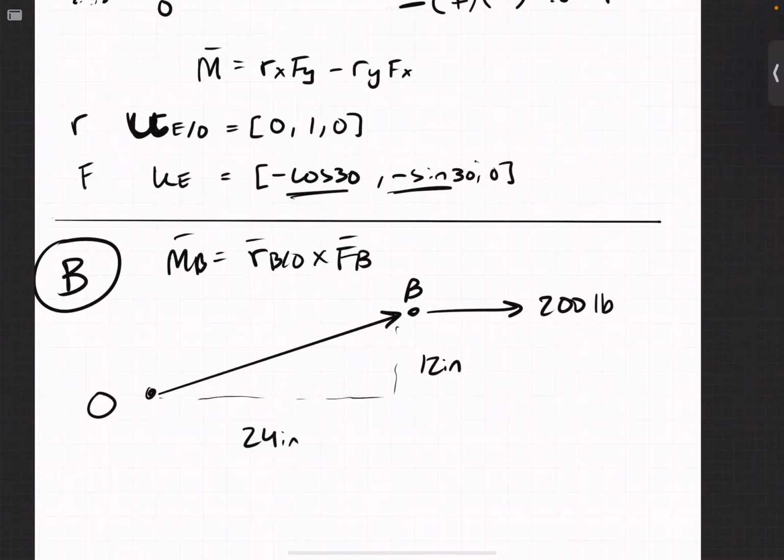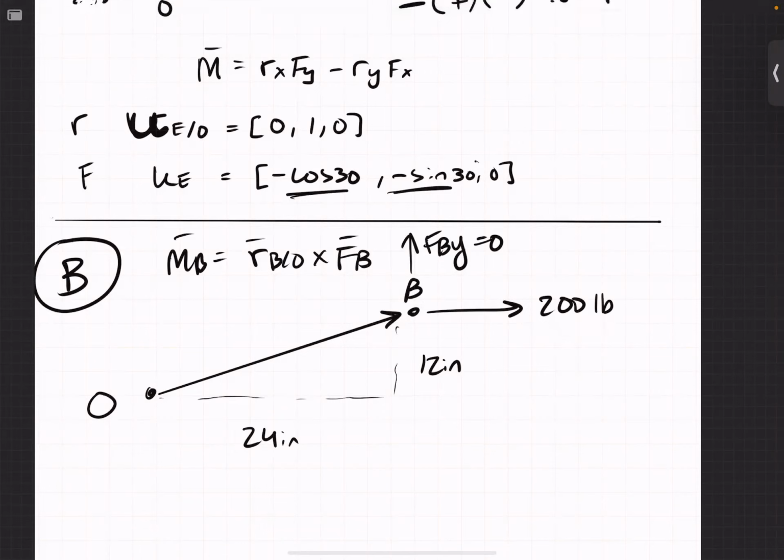Therefore, anything in the Y direction, FBY, is equal to 0. We don't really even need to know that this is 24 inches. It's nice, but it has no impact on the problem. It doesn't contribute to the resultant force, and because this is a horizontal force, it does not contribute to the moment.